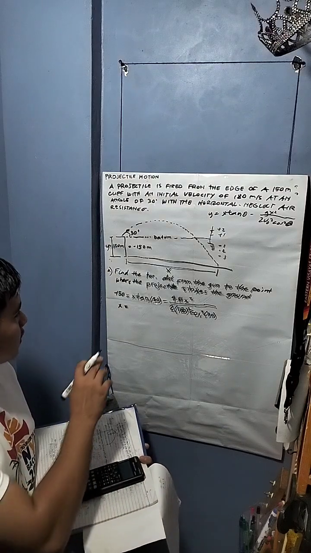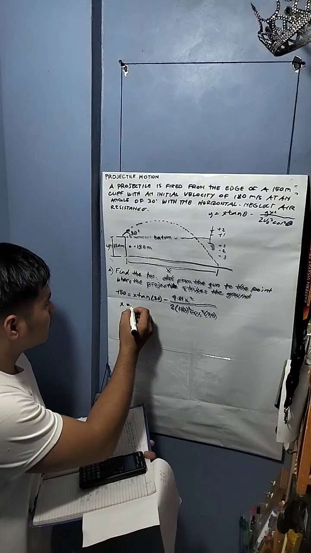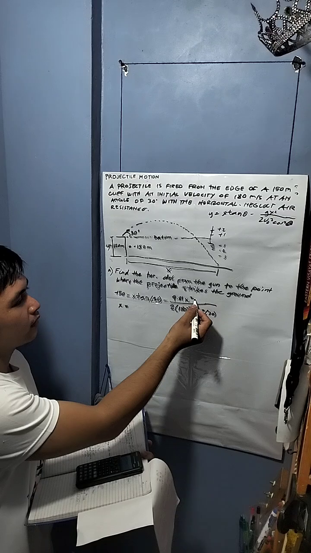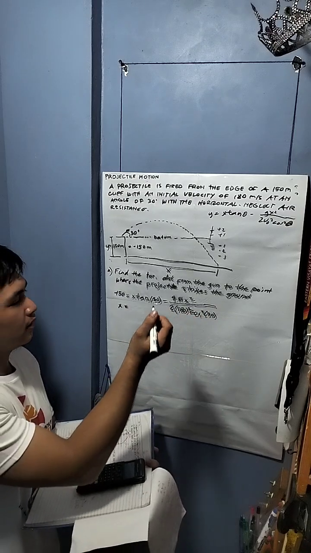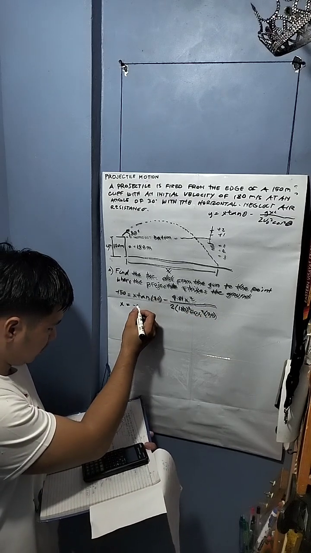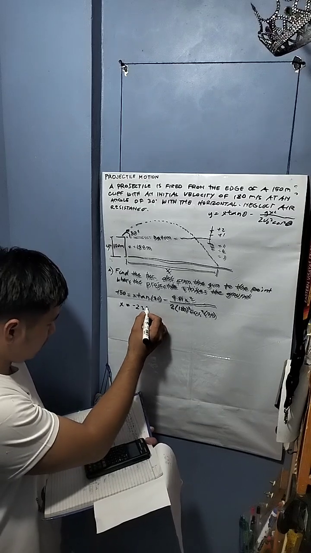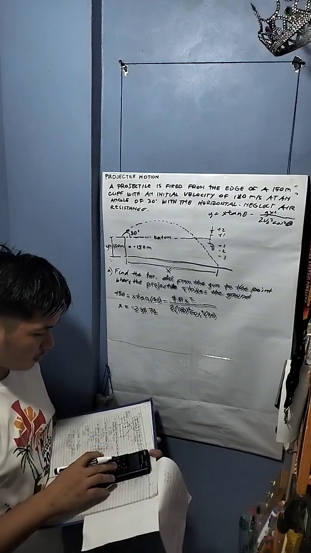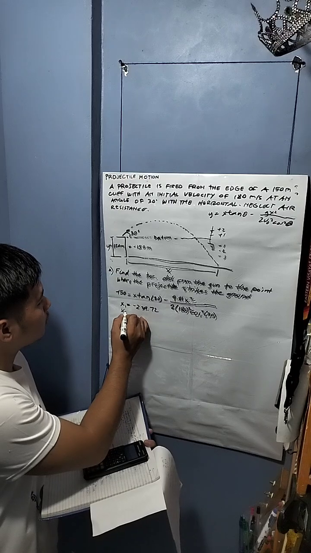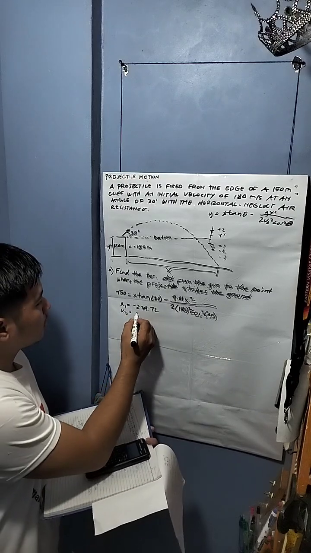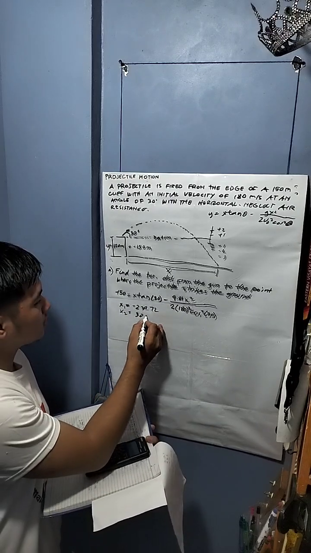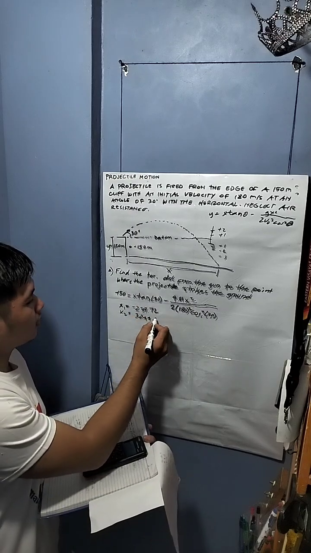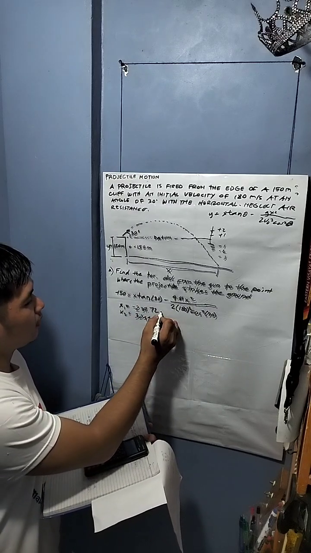Since this is a quadratic equation, we have two roots, which is negative 239.72, and we have the x sub 2, which is 3099.98 meters.